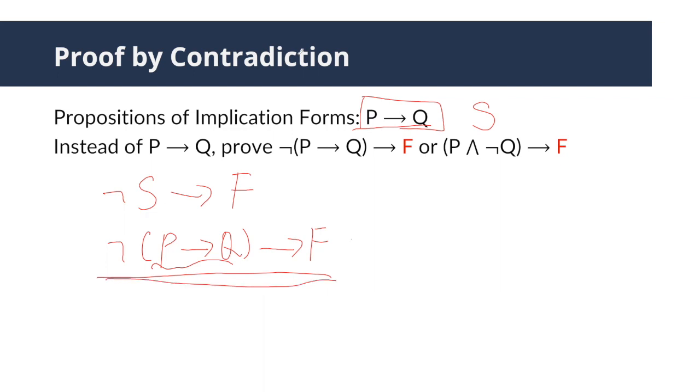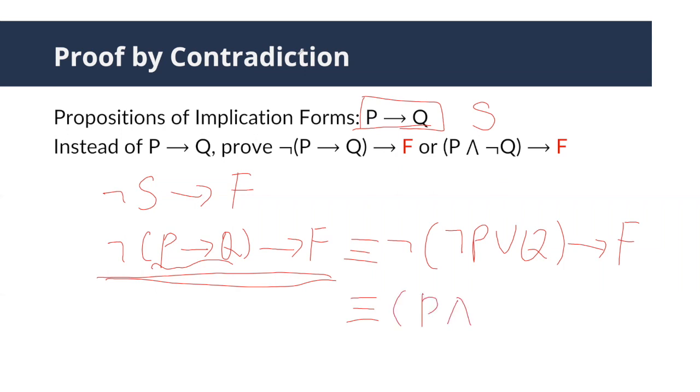Okay, so step 1, using the implication law, this is not P or Q implies F. And then you can apply De Morgan's law. Now the hypothesis becomes P and not Q. So now you can see the new implication is completely different from the initial implication because we use proof by contradiction.